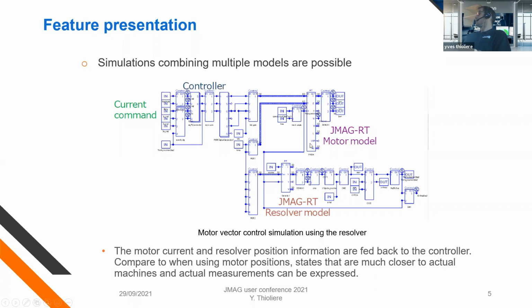So inside this component, you've got the behavior table of your model, but you've got also another one here. This is the behavior table of the resolver. So it means you've got the real and true behavior of your resolver as well as your motor, and that allows you to make a very fine command of your motor, and you've got the very accurate behavior of the motor plus the resolver.